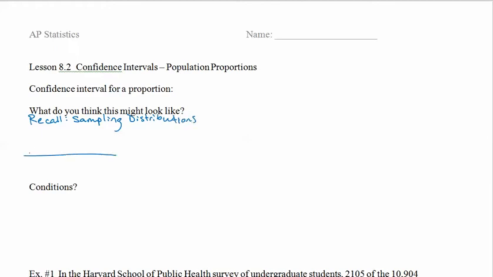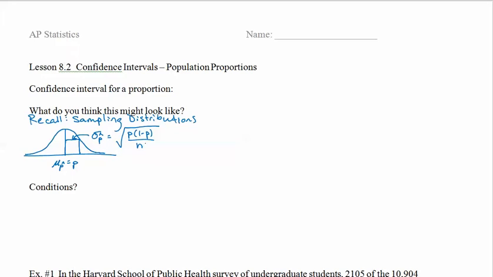If we sketch it out, we can recall that if it meets certain conditions, we can use the normal approximation, where the mean of the sample proportions is equal to the population proportion, and the standard deviation is equal to the square root of p times 1 minus p divided by n.